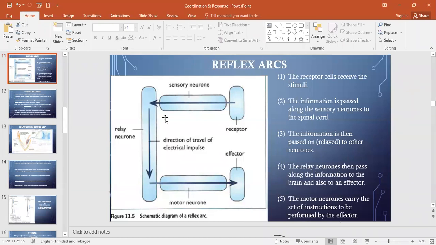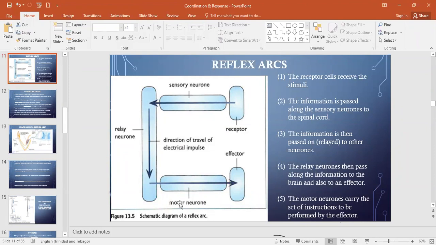That is exactly what is going on here. So all of the information is being relayed to your relay neuron, which will pass it one to the other. You have different relay neurons, just as you have different sensory neurons. Different relay neurons pass it on one to the other, like from your spinal cord, until it will send the information right through your motor neuron, right? So just as the name suggests, motor means something to do with movement.